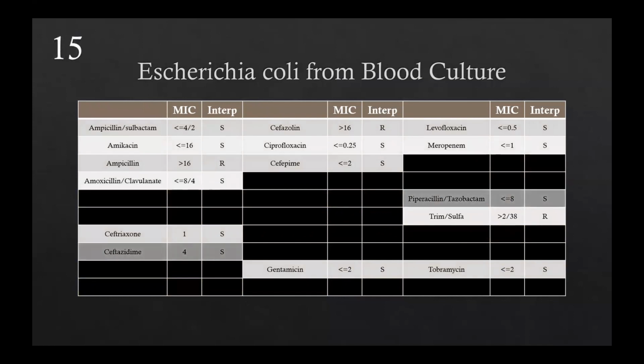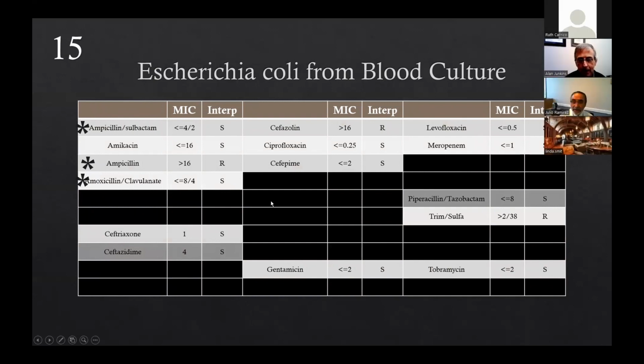Then we're going to start looking at spectrum. So for example, I'm going to give you ampicillin, but ampicillin is resistant. And since ampicillin is resistant, then we're going to step up and say, okay, I'll give you ampicillin-sulbactam and amoxicillin-clavulanate as well. Okay. I'm going to give you cefazolin, the lowest spectrum, narrowest spectrum cephalosporin here.